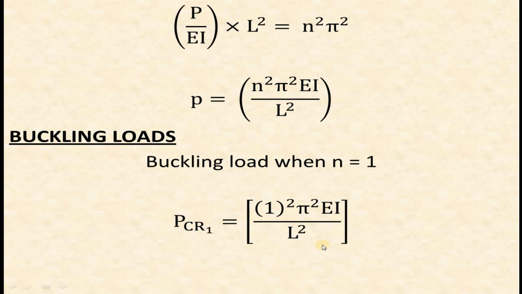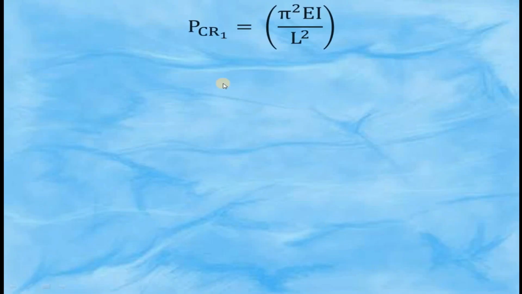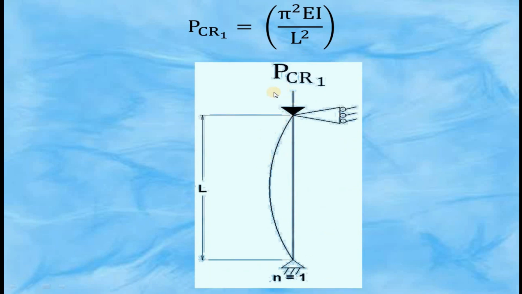Okay. So here 1 square is 1. So the next step will be PCR1 is equal to pi square EI by L square. So this is the picture of the column when it has one node. And this is the formula for buckling load when node is equal to 1. Okay.